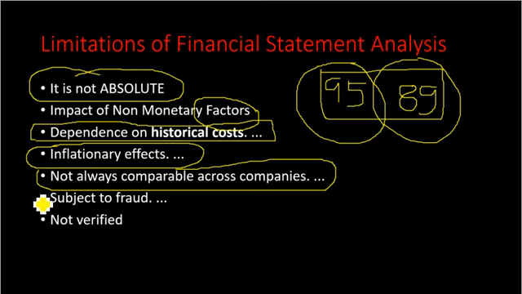And of course, your financial statements are subject to fraud. I guess this one is self-explanatory. And not all of the time your financial statements are verified. Although there are audited financial statements, it still doesn't give us a guarantee.